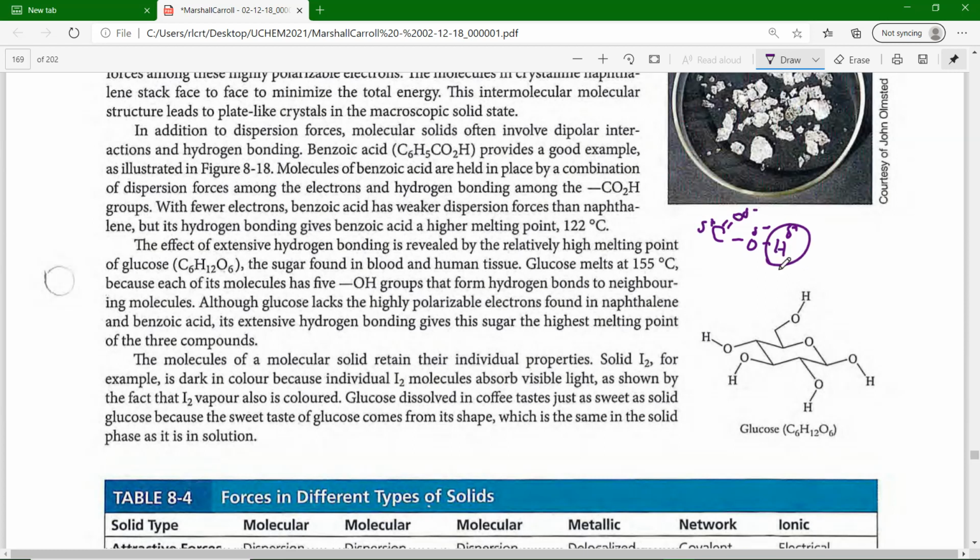And so you can get hydrogen bonding associated with that. Glucose, C6H12O6, here's a picture of it. It's got lots of hydrogen bonding because there's lots of OH groups, right? So that causes it to have a higher melting point than you might think if you didn't know what hydrogen bonding was all about. And so it's a solid at room temperature.